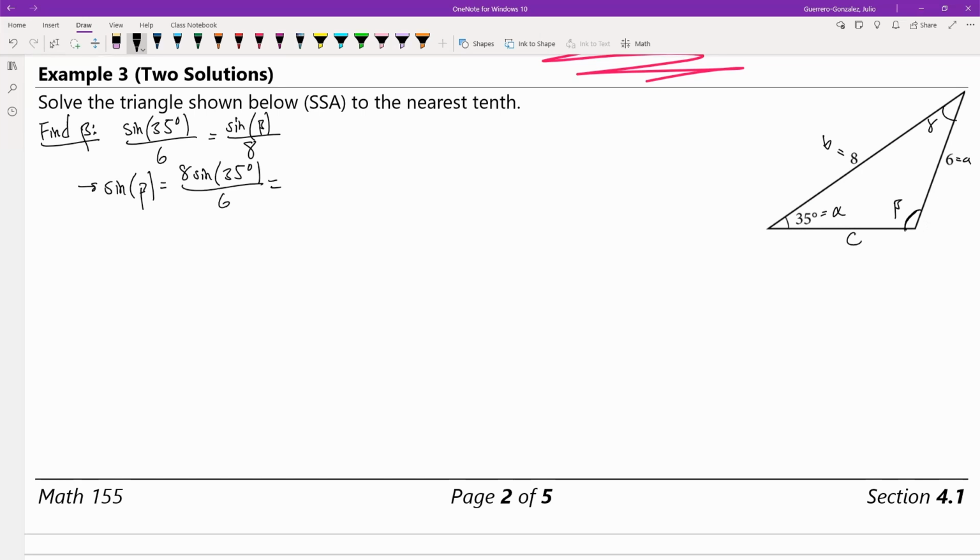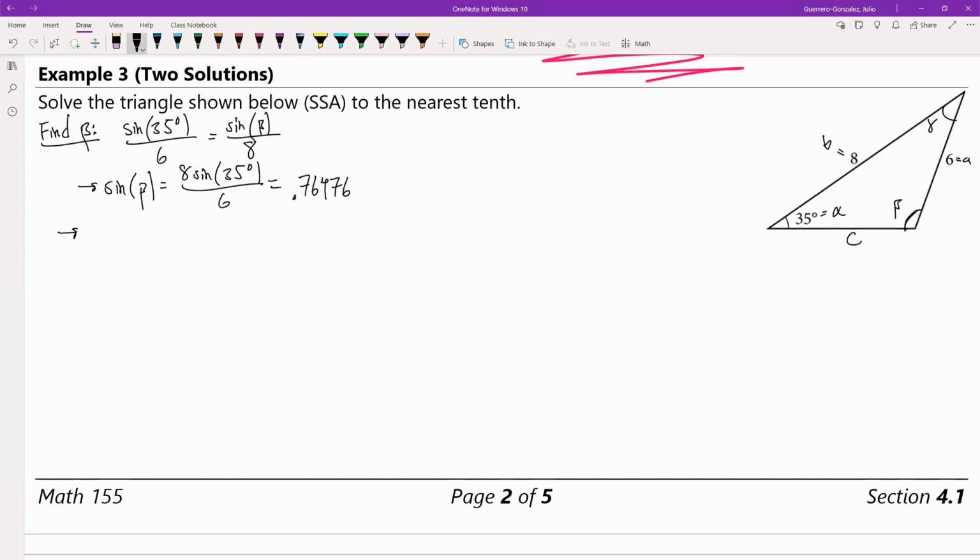If you throw this in, I didn't compute it again. I thought I had these numbers ready. 8 sine 35 degrees divided by 6, I get this value right here, 0.76476.